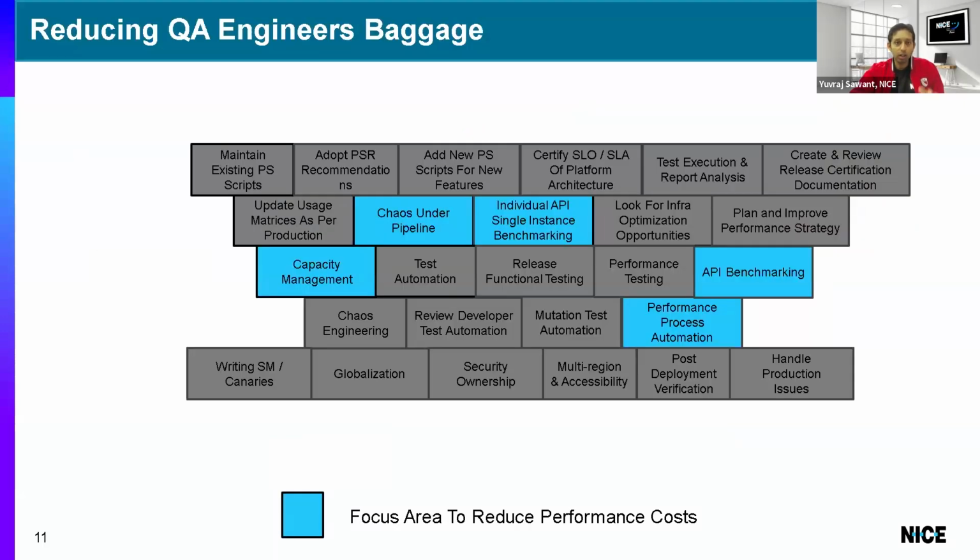In the longer journey, focus on automating your benchmarking process, your performance process, and capacity management. If you have alerts, alarms and reports built on your production consumption, your capacity can be well determined, and your provisioning can be well determined based on that capacity.